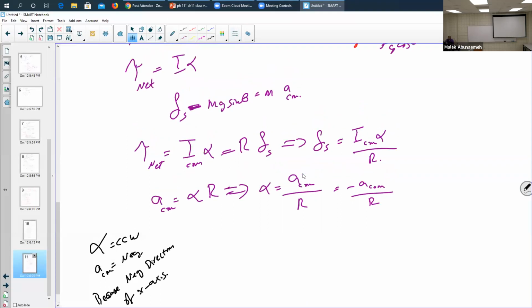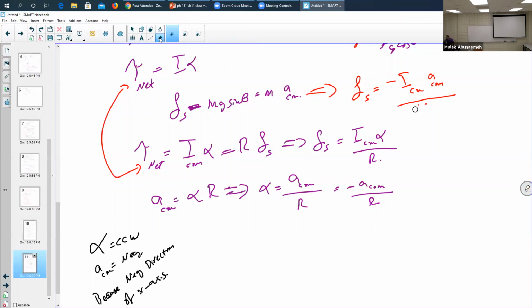So basically you got, let me get the red on here, your net torque, that's what it's going to equal to. And from this one, your Fs is going to equal to minus I center of mass, a center of mass divided by your R squared.